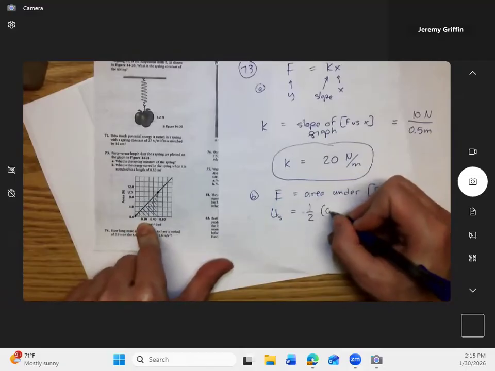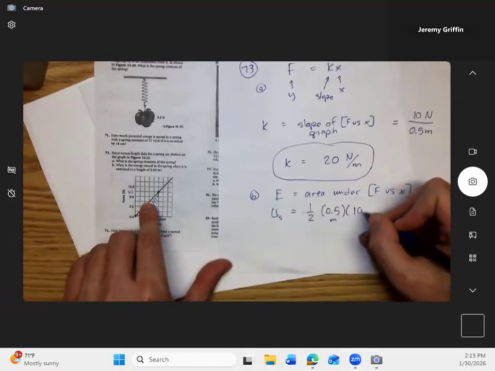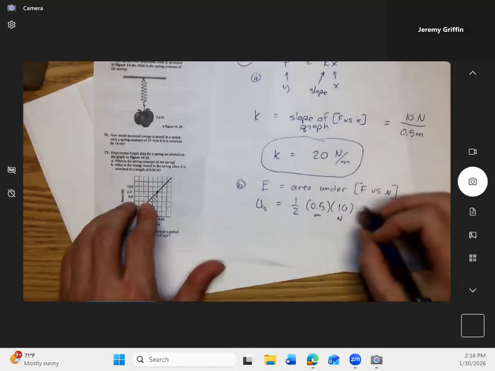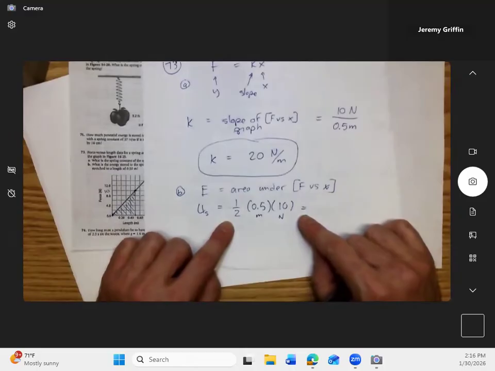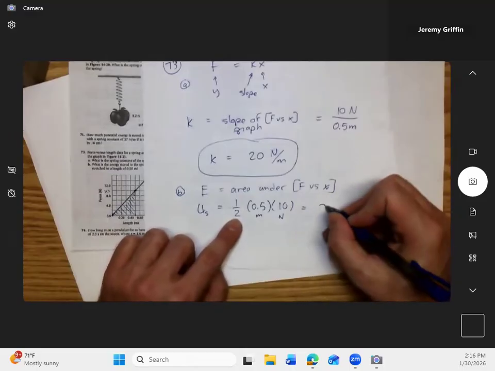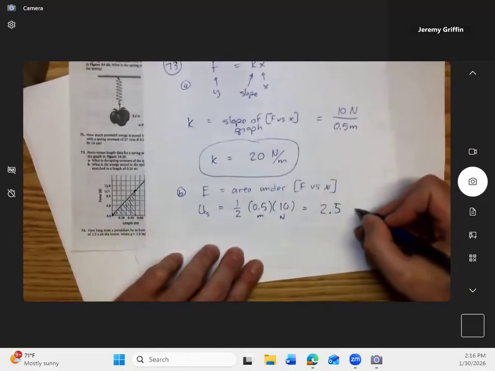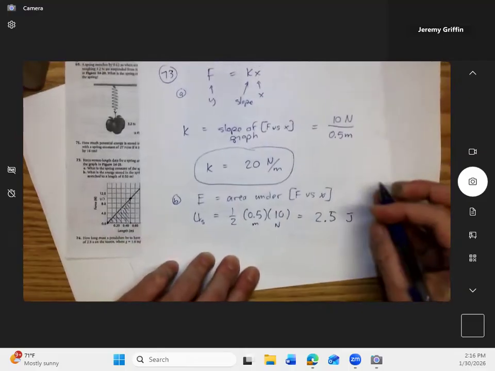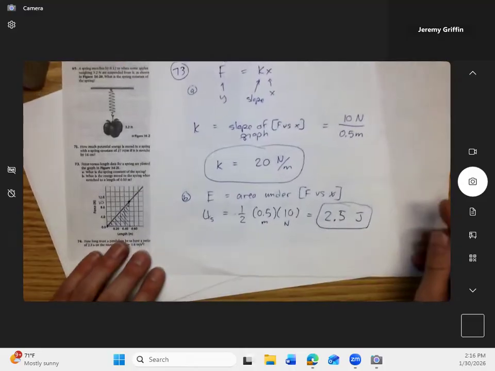So 1/2 times 0.5 meters times 10 newtons. What is that? Is that 2.5? And what's the unit? Joules, because we're talking about energy. 2.5 joules.